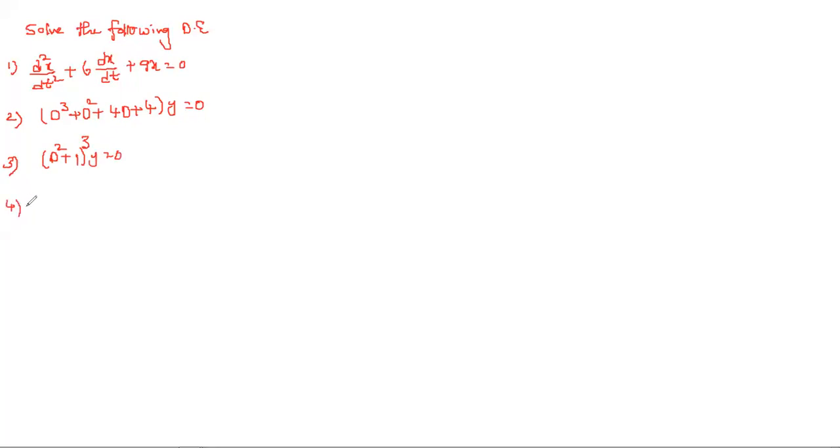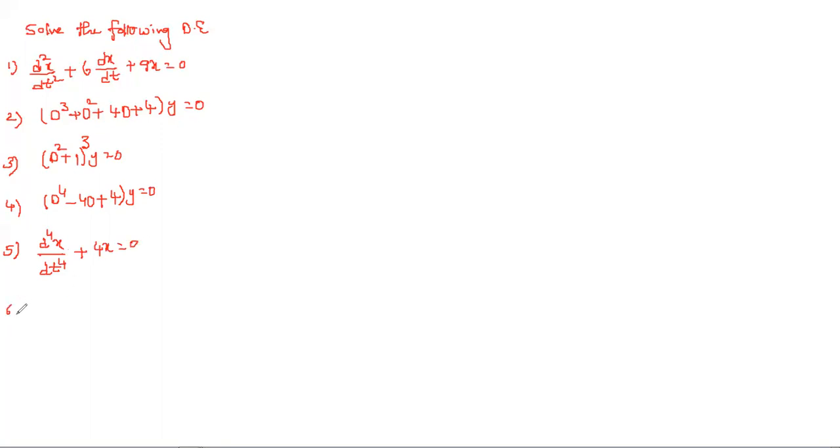And next fourth one, d power 4 minus 4d plus 4 into y is equal to 0. And fifth one, d power 4 x by dt power 4 plus 4x is equal to 0.